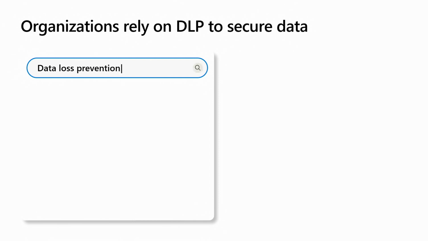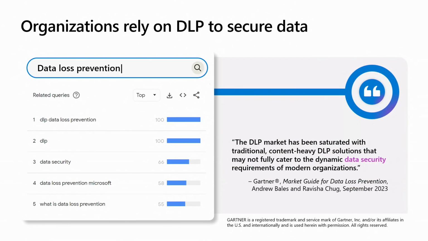So when we think about data security, or the solution you use to secure data, a lot of the time DLP comes up. However, data security risk is very dynamic in today's modern work environment. You need to protect all kinds of sensitive data, including PII, business data, and operational data.